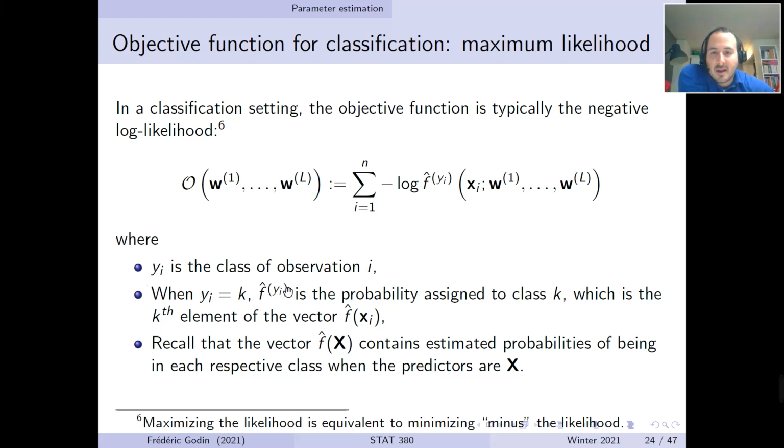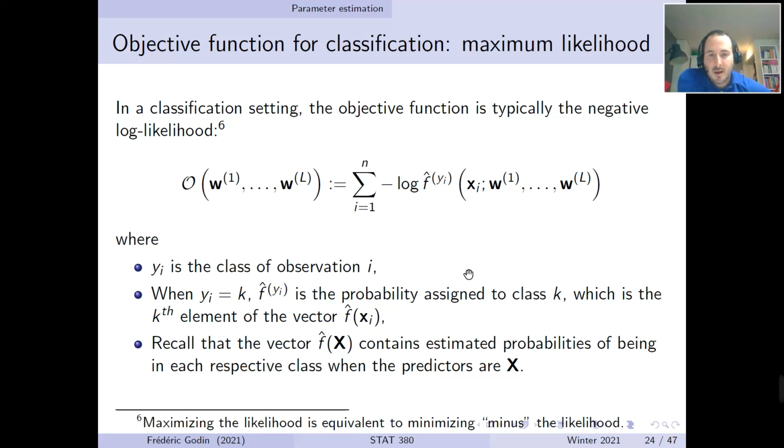And here f hat yi is the probability that the observation is in class k, which is the kth element of the vector f of xi whenever yi is equal to k. To make that simpler, f hat k is the probability assigned to class k for the given predictor xi and associated parameters.